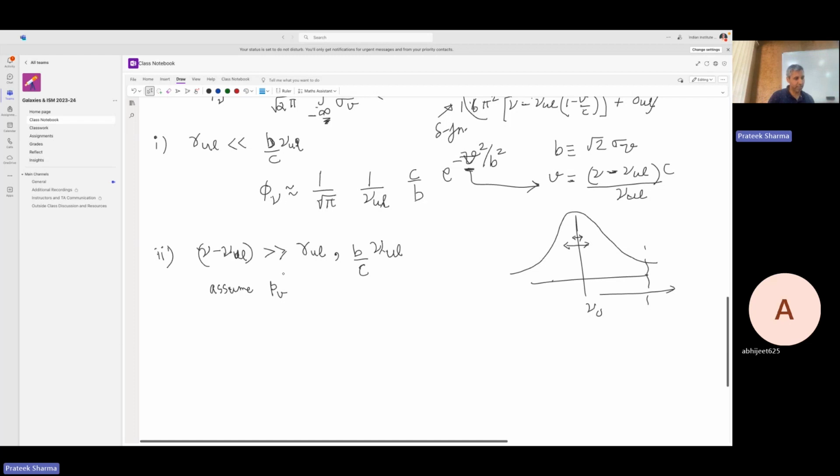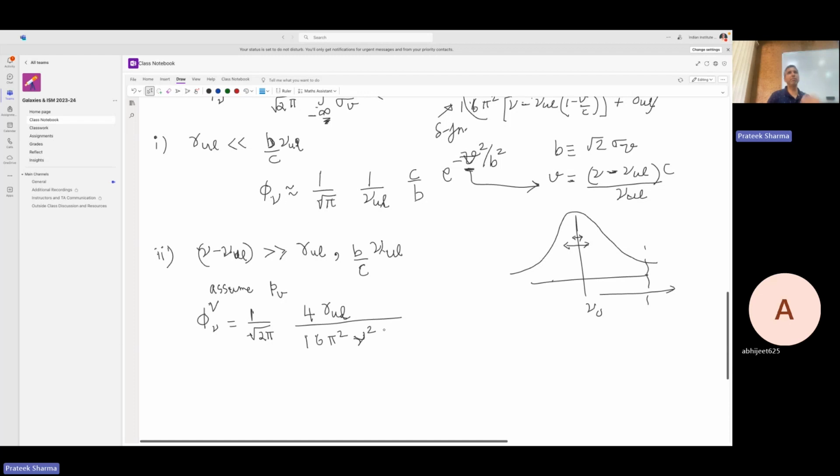And in this case, what you get is phi nu Voigt is equal to 1 by square root of 2 pi times 4 gamma UL divided by 16 pi squared nu squared.